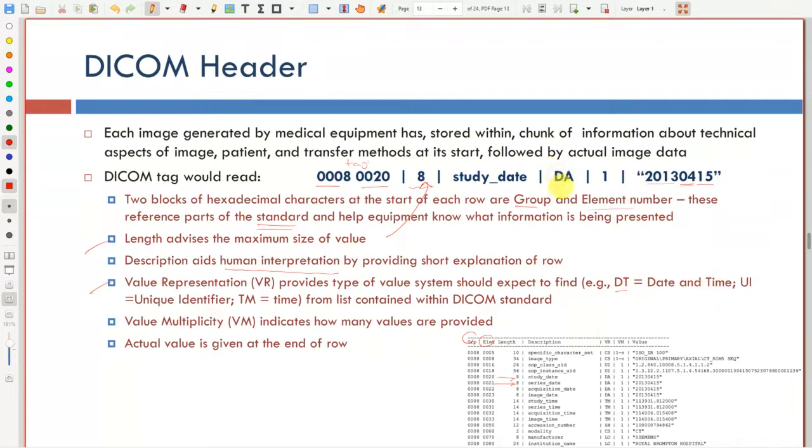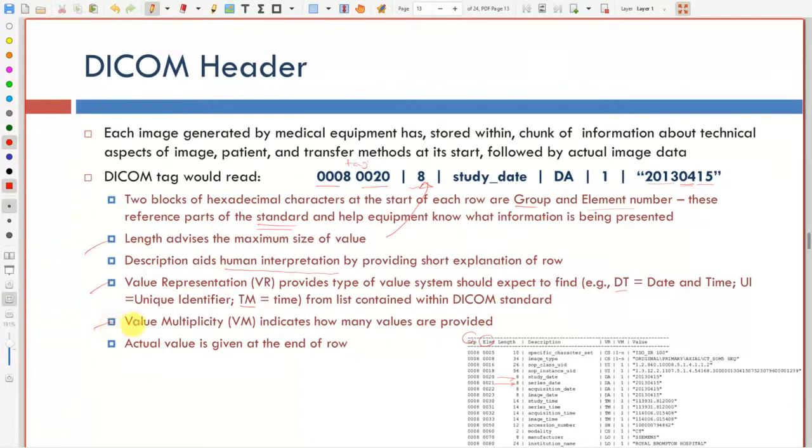If you have date, basically it's DA. If you have time, it's like TM. So basically, it allows you to know exactly what kind of information to have here, okay? So this is important because sometimes you need to verify that this is actually compliant with this, okay? So if you get a date that doesn't make sense, then you can realize that it doesn't make sense by looking at the expected format for the representation of the data.